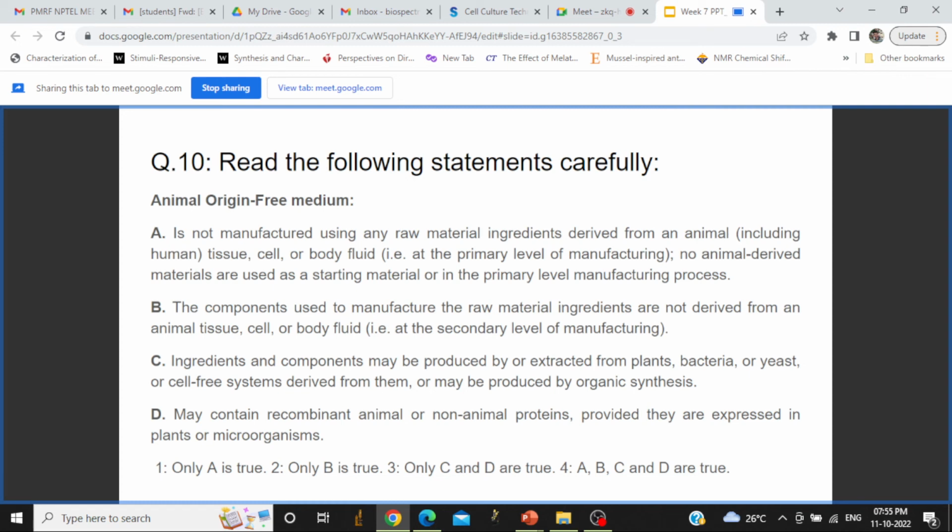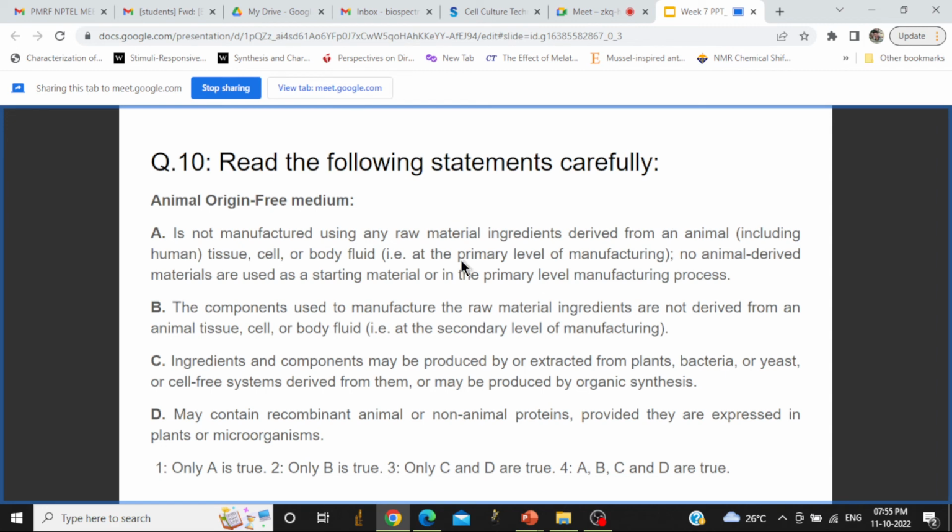That is at the primary level of manufacturing. So in the primary level of manufacturing also, these animal raw materials for the synthesis of this should also not be present if it is an animal origin free medium. No animal derived materials are used as starting material or in the primary level manufacturing process.